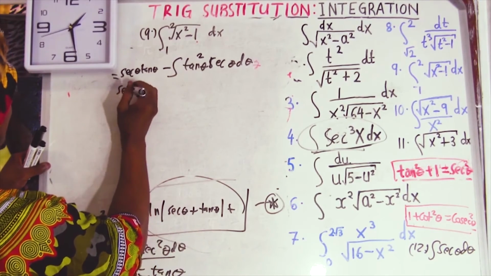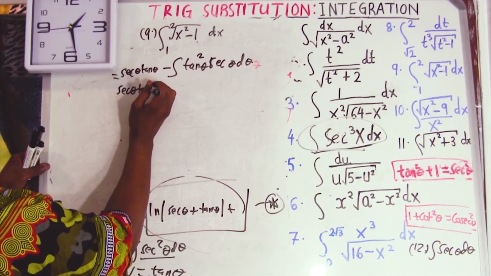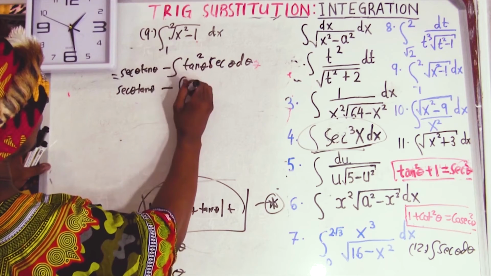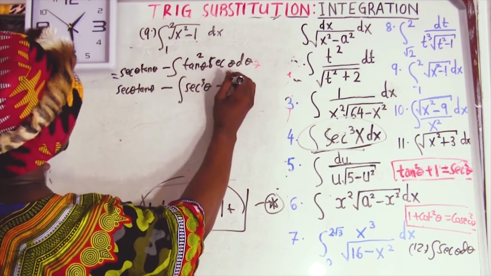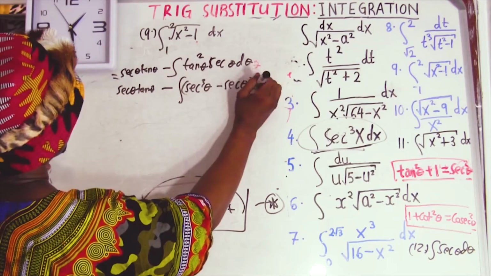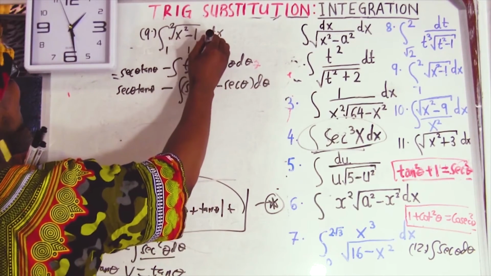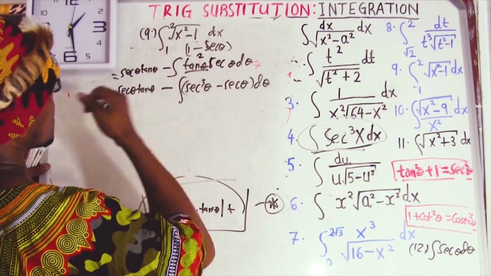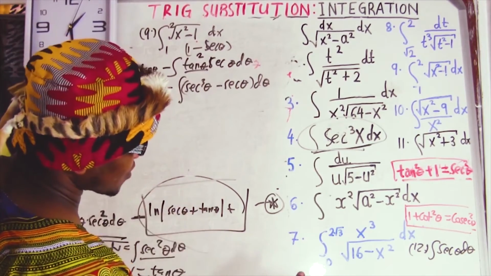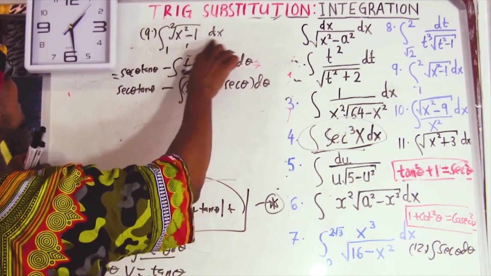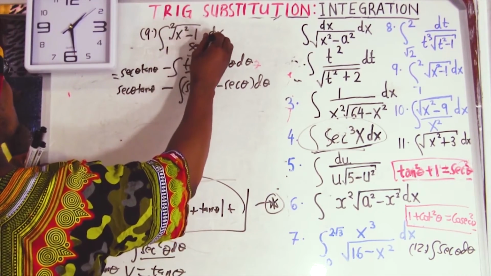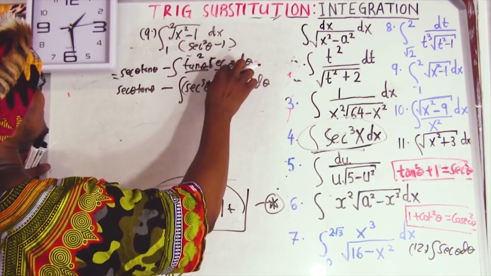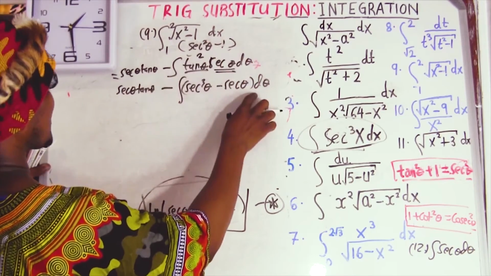So let me say sec theta tan theta minus the integral of sec square minus 1 times sec. No, it's sec minus 1, not 1 minus sec. When you multiply, it's going to be sec cube, and then multiply by the other, it's going to give you sec.